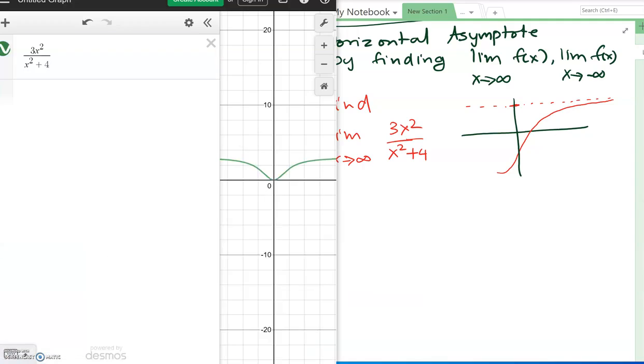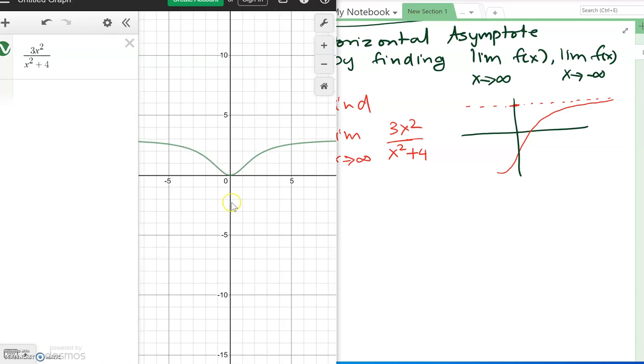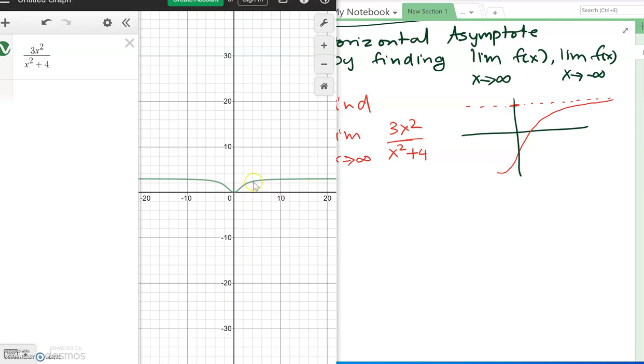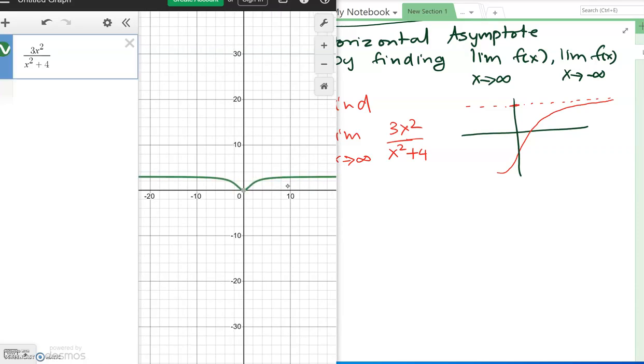Okay, so you can see that this graph stabilizes at some height. If we zoom in, we can see that the graph is stabilizing at some height here, and this is the height we are trying to find.